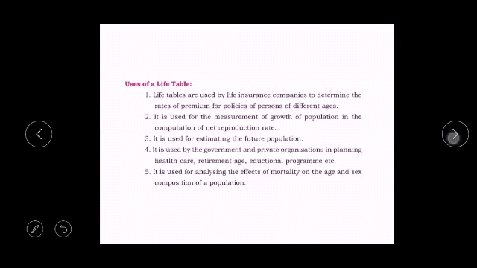And next comes uses of life table. The first one: life tables are used by life insurance companies to determine the rates of premium. To fix an individual person's life insurance premium, insurance companies use this life table. We already discussed probability of surviving or probability of mortality.